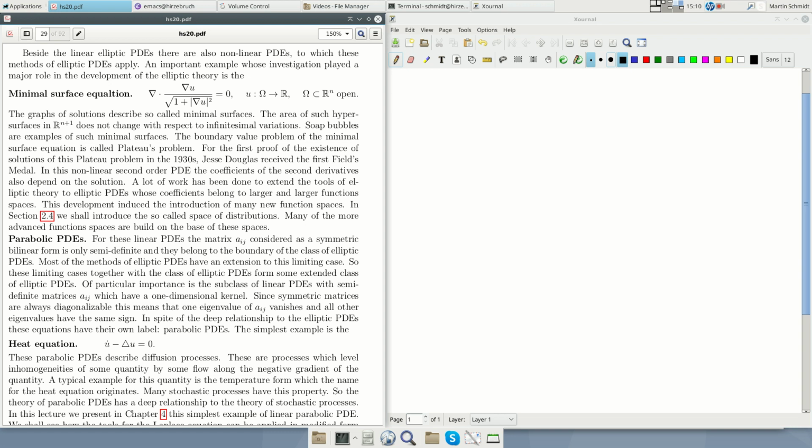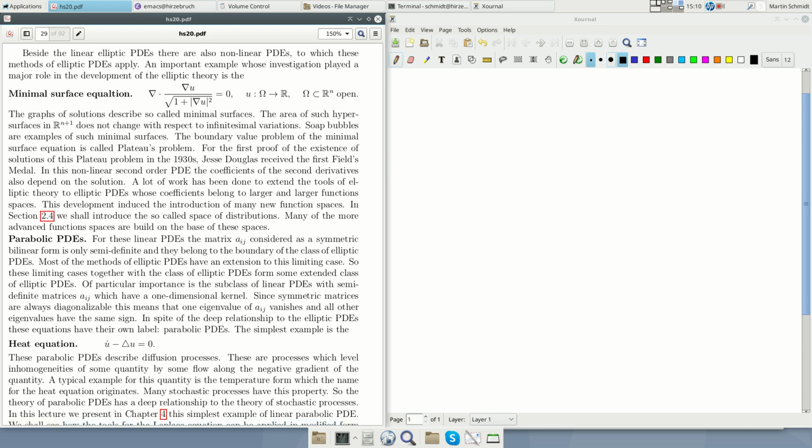So in a general sense, these parabolic PDEs really belong to the elliptic class, and so the elliptic theory always has variants which apply for these limiting cases.